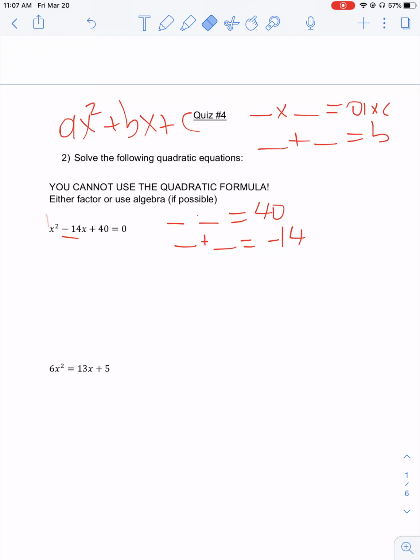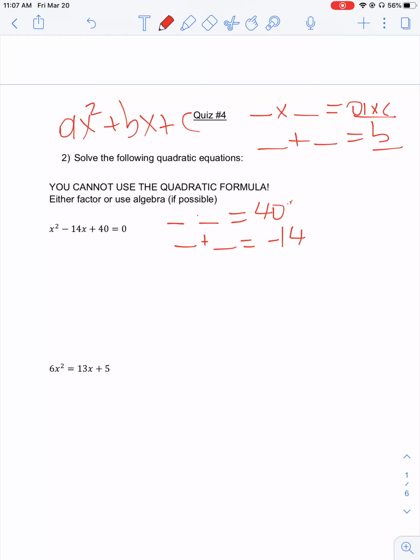And this is always the case. It's always two numbers, their product has to equal a times c, and the sum has to be the b coefficient. Because 40 is a positive number, either both of my numbers have to be positive or both of them have to be negative.